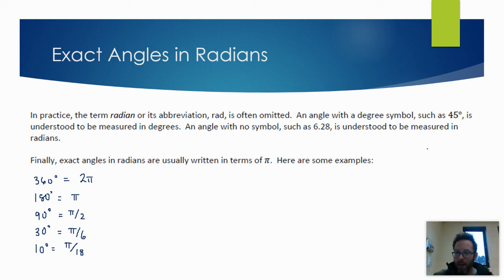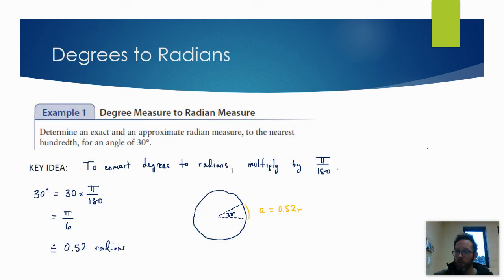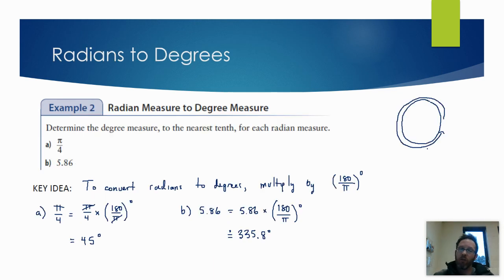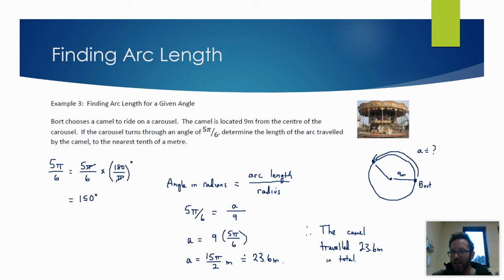We gave a bunch of examples there. We developed some rules for converting back and forth: to convert from degrees to radians, multiply by pi over 180; to convert from radians to degrees, multiply by 180 over pi.